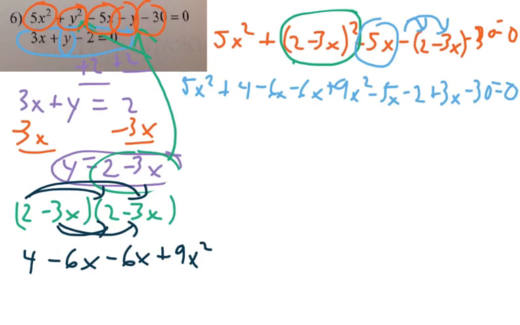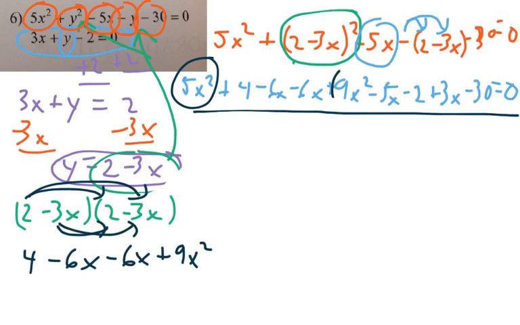So now what? Well, we now just literally going to combine like terms. Notice I have an equation right here, guys, where there's no more y's, it's all x's, no more parentheses. I'm just going to combine like terms and see what I come up with. So I have a 5x squared there, a 9x squared there, so that's a 14x squared. Okay, what else do I have? Let's do the x's.